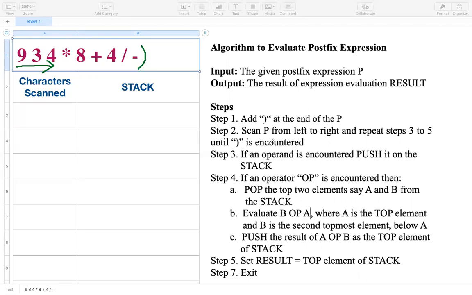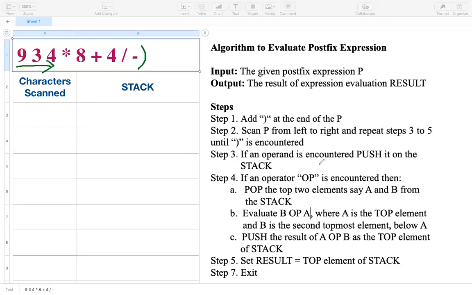Another thing is that when the computer system is evaluating this, it does not need to worry about the precedence or the associativity of the operators, because taking all that into consideration, the infix expressions are converted to the postfix or the prefix notations. So it will be a simple evaluation from left to right, and as we encounter the operators, we will be doing the needful task. So what is the first task?